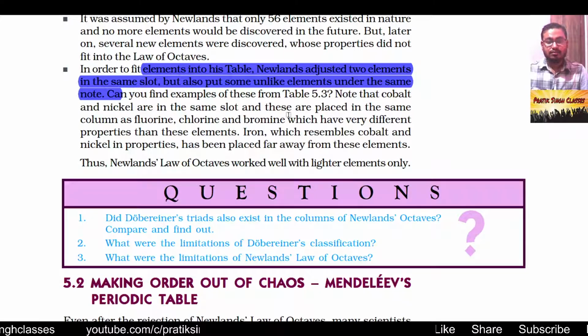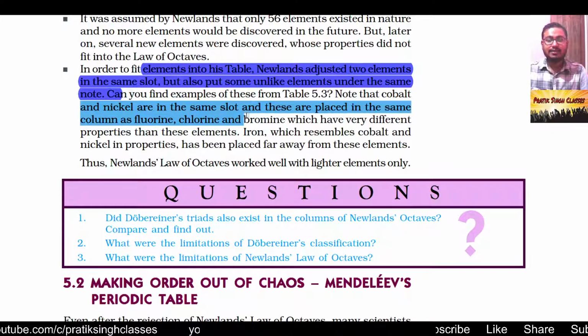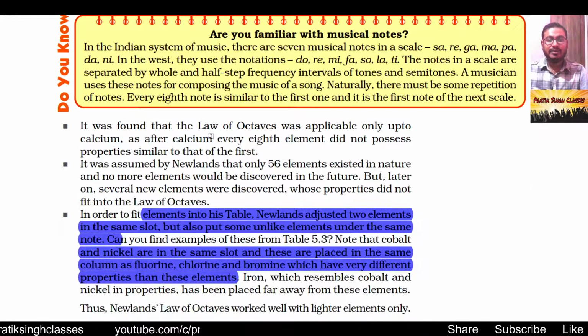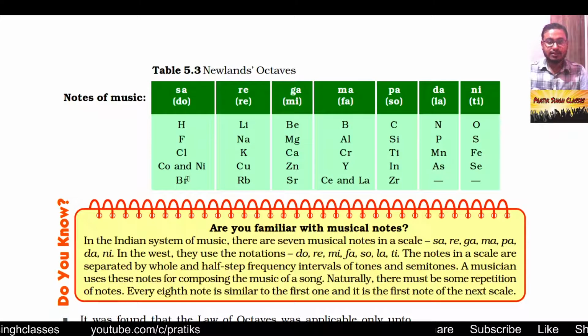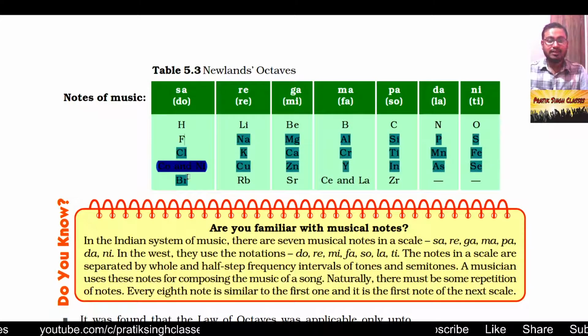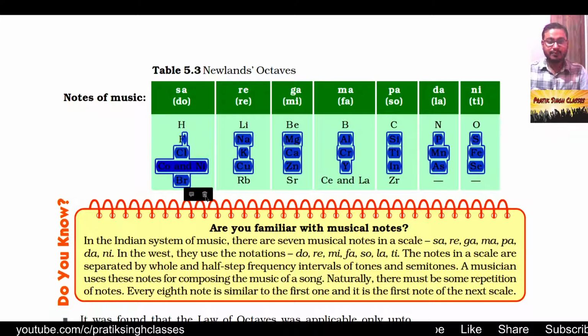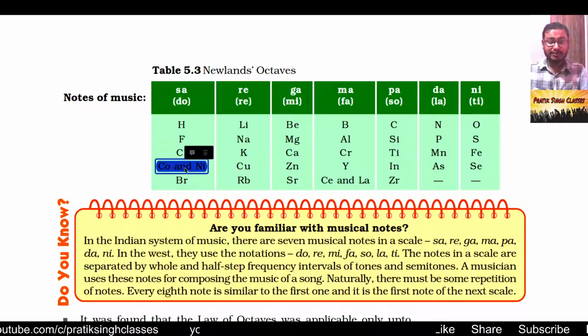Can you find it from table 5.3? Yes, we just saw this. Note that cobalt and nickel are in the same slot and are placed in the same column as fluorine, chlorine and bromine, which have very different properties from these elements. So the properties here were very different from each other.